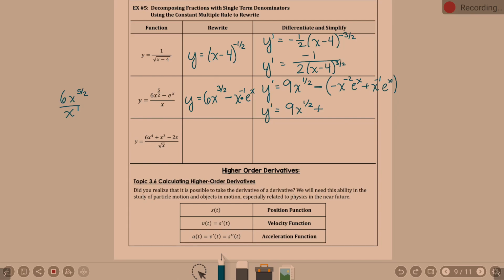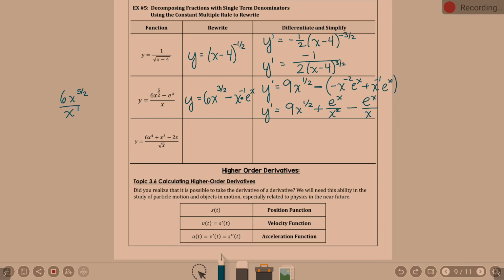E to the x can stay on top, so I'm going to write this as e to the x over x squared. And then I'm going to distribute that minus sign from the front again. Minus times a plus is a minus. This one's going to be e to the x over x to the first. Okay.